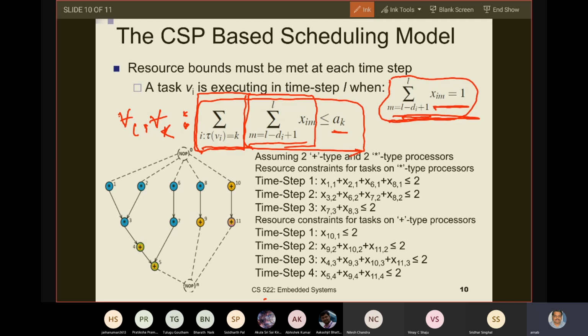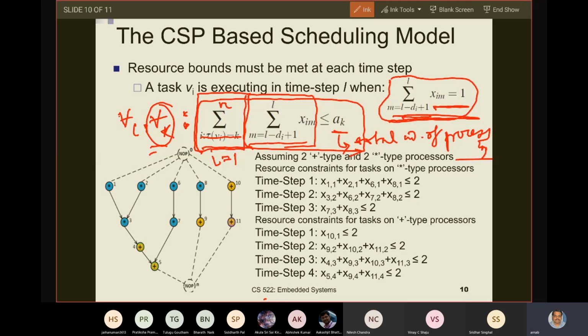So for all K will not be there because K is now known, and this summation is no more required. This will happen for all i, for i equals 1 to n for all tasks, and this AK will be equal to the total number of homogeneous cores that you have. Total number of processors.